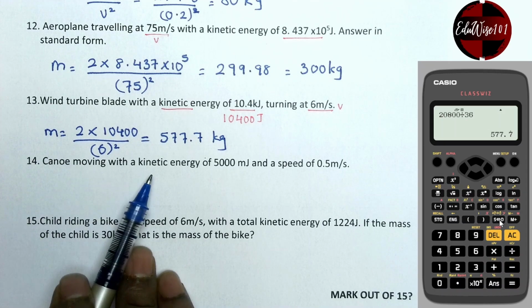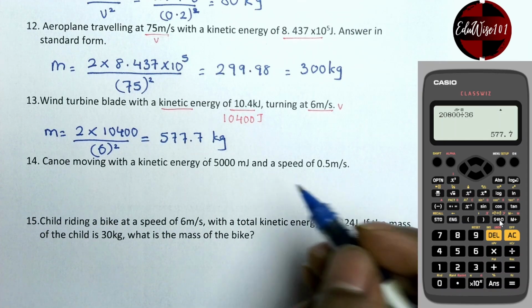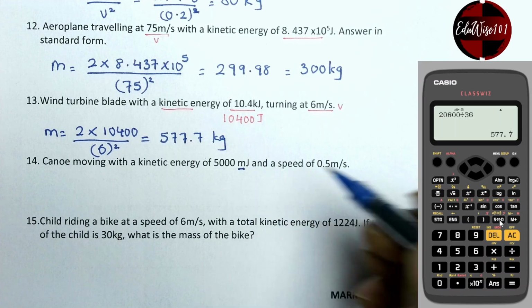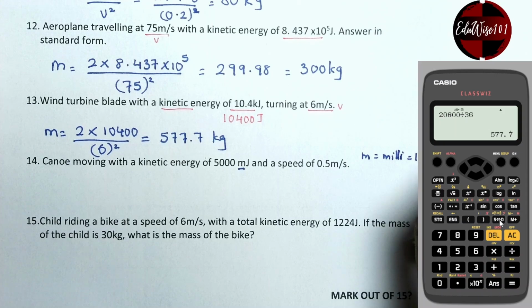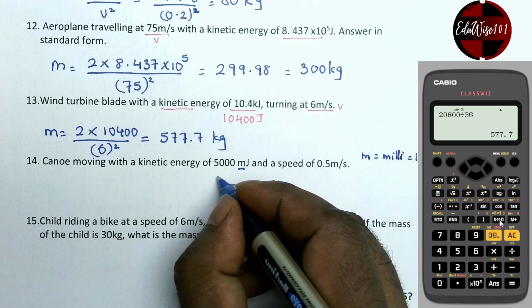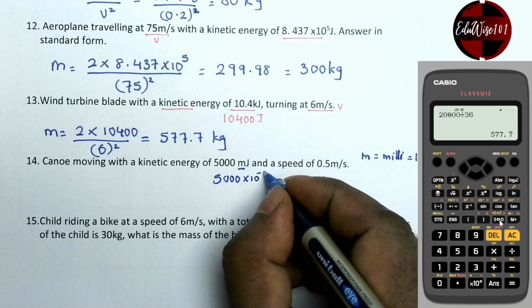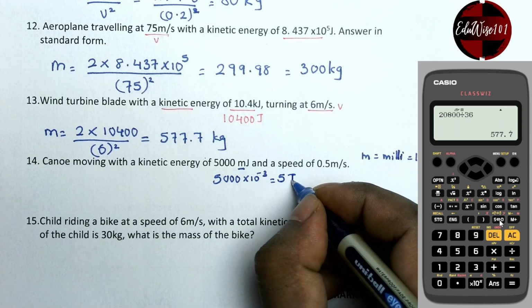A canoe moving with a kinetic energy of 5,000 millijoules. So M stands for, it's not capital M. Capital M would be mega. This is lowercase m. That's milli, which is 10 to the power minus 3. So if I write this number 5,000 times 10 to the power minus 3, that would give me 5 joules.